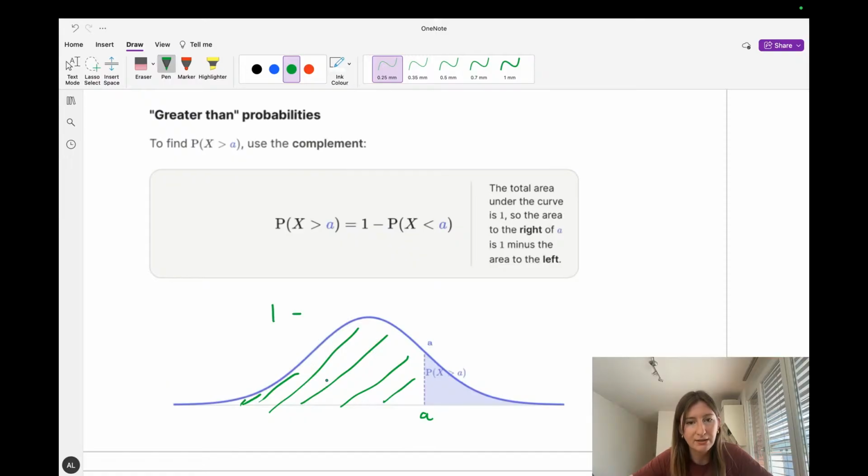So 1 minus this area under the curve. And that's going to give you the missing place. So when you have this plus this, it gives you 1. So if we want to find this, we say 1 minus this, because your calculator will always give you values to the left of A. Very important. That's why drawing a diagram is really important for these questions.